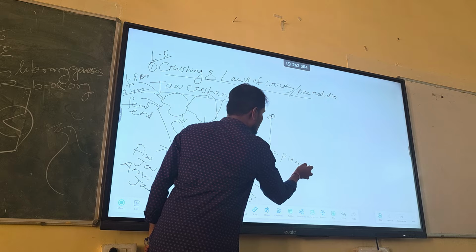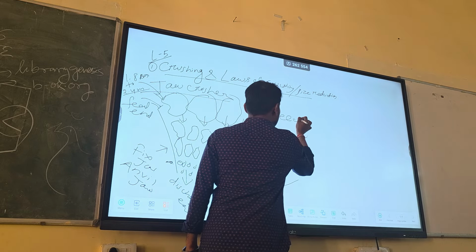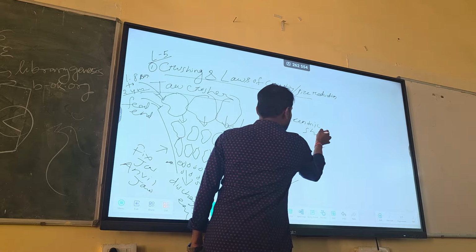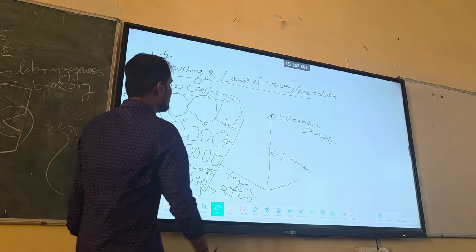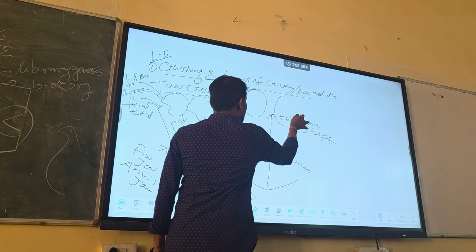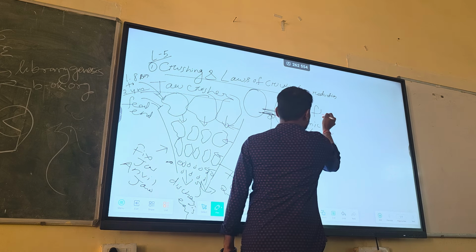This is called eccentric shaft. Eccentric shaft. And actually you have this kind of arrangement. This is called flywheel.